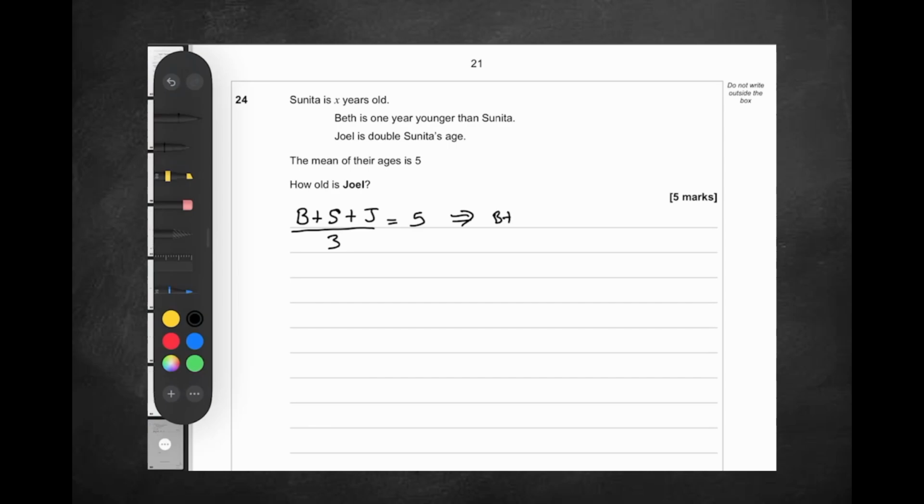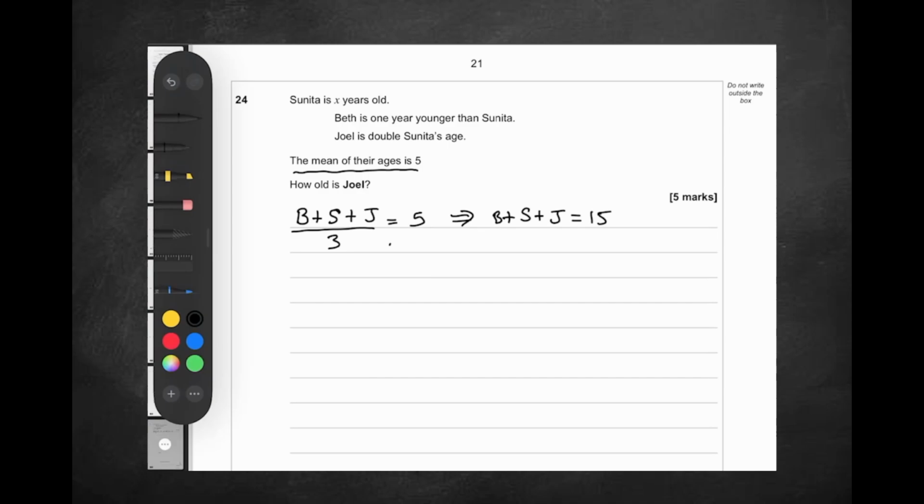Therefore, Beth plus Sunita plus Joel equals 15. All I've done there is we're told the mean of their ages is 5, so all of them added up divided by how many there are is 5. And then I've times both sides of this by 3.